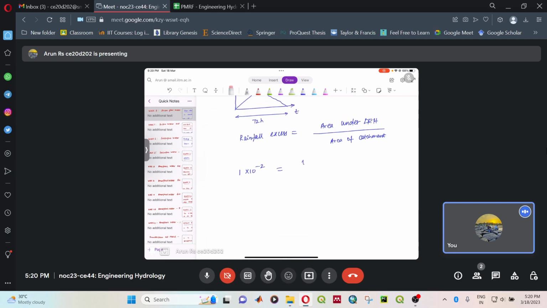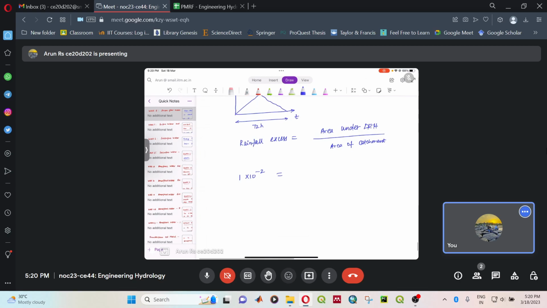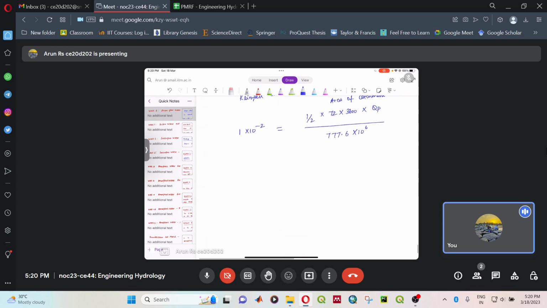And we need to determine the area under the DRH. Here it is the area under the unit hydrograph, which is nothing but half into base, your time base, 72 into 3600, I'm converting the 72 hours into seconds, into height. Height is the peak discharge, divided by area of the catchment, given as 777.6 square kilometers, converting into the appropriate units. So your QP can be estimated as 16 meter cube per second.